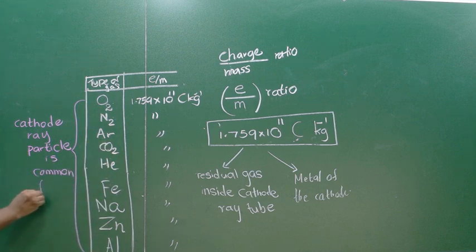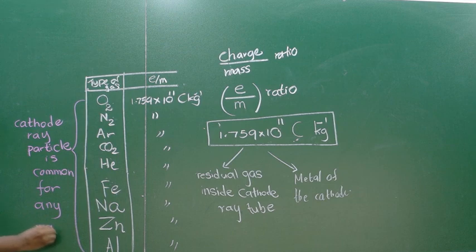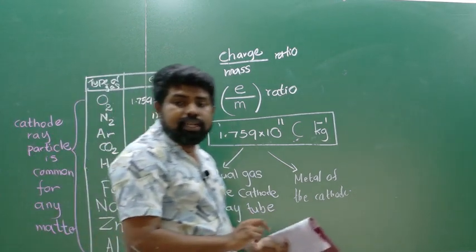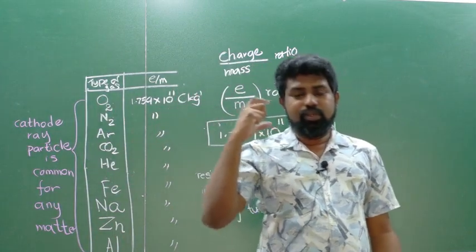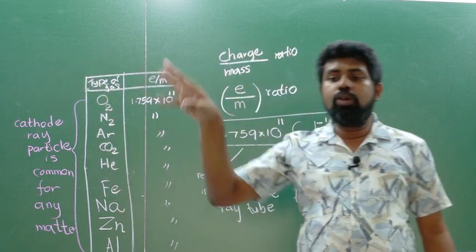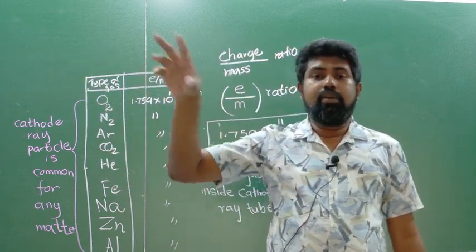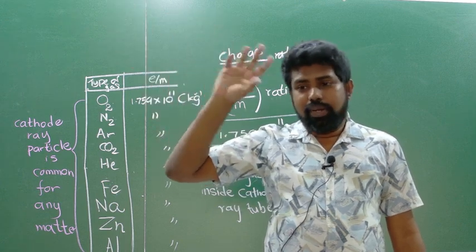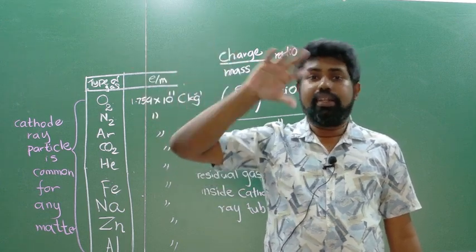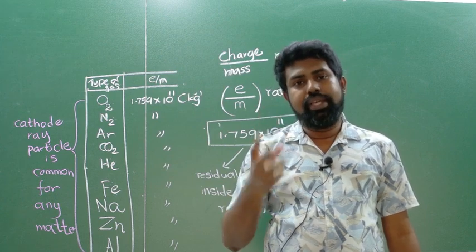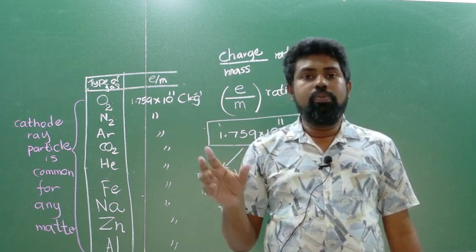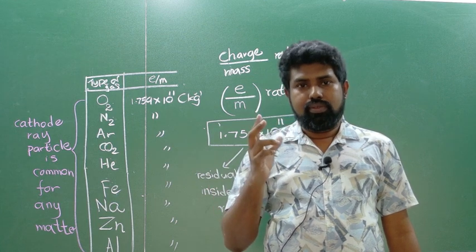It's common for any element or any matter. As all human beings have 2 ears, the ears are common for all human beings. Whether he is Nimal, Kamal, Sunil, Sri Lankan or Australian, that is a common feature: all human beings have 2 ears, 2 eyes.